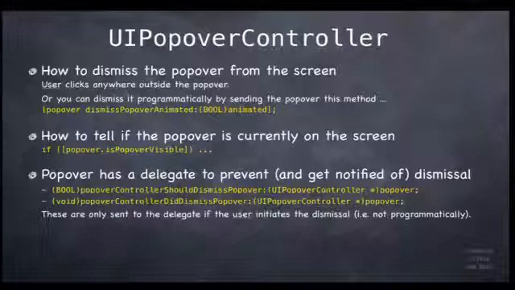You want that popover to stay up until the user does something in that popover. That's probably not so great a UI. Users expect after a while that if they touch somewhere outside the popover, it's going to go away. But you can do it. And then also you'll get notified with this did dismiss popover when that does happen. But these methods are only sent when the user initiates the action. If you call dismiss popover animated, neither of these delegate methods will get sent your way.